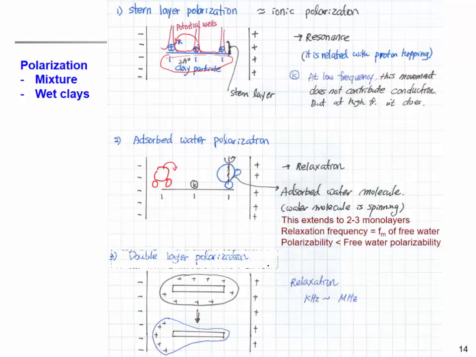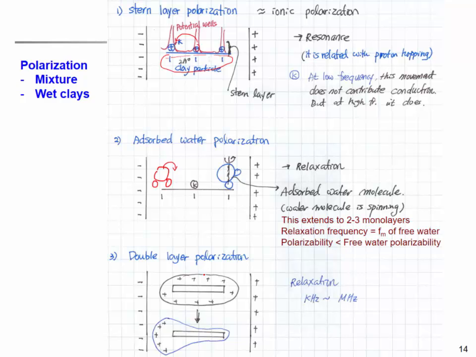And the last one is that the double layer itself can deform. It's called double layer polarization. And in this case, the water molecules in the double layer are partially affected by the negative charge. And if you apply the external field, they will move. And this movement is not a spring movement.